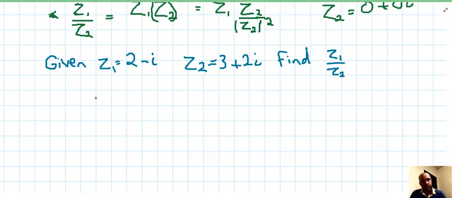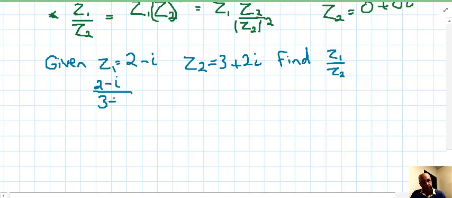I'm going to end the video with an example of division of complex numbers. Given that we have z1 and z2 as such, find z1 divided by z2. So what we do is we write down the given information and operation, and multiply by the complex conjugate of the denominator, z2, top and bottom.